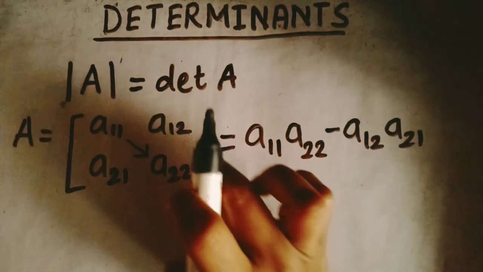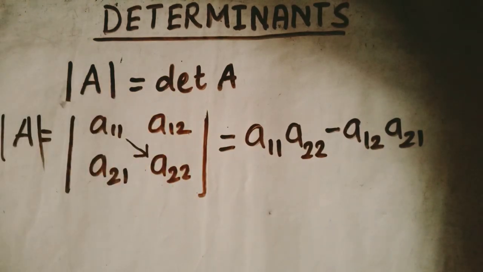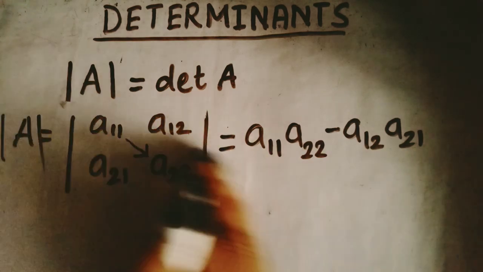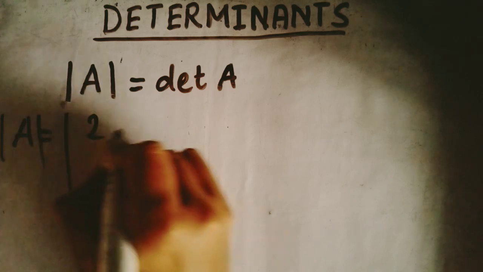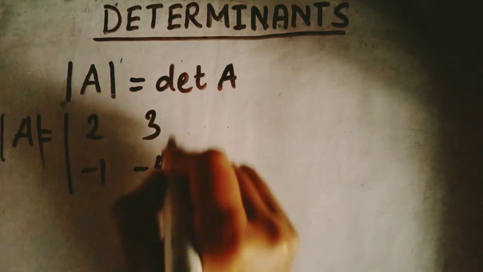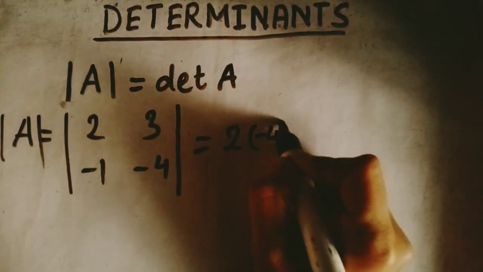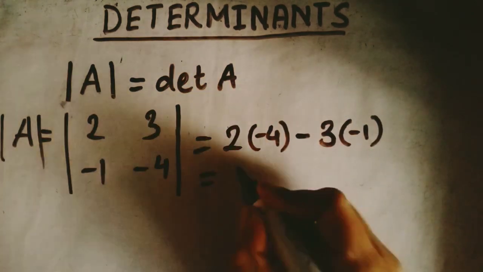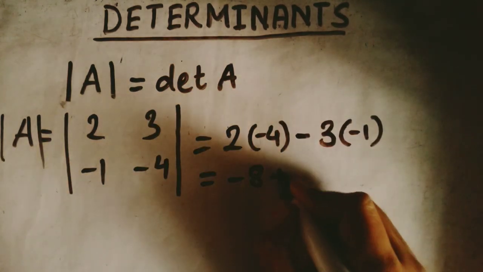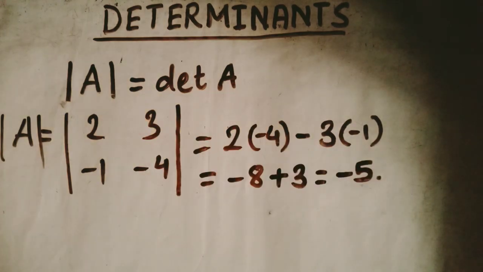When you find the determinant, you have to write it like this. Now if I take one example, 2, 3, minus 1, minus 4, then 2 into minus 4 minus 3 into minus 1. So this is minus 8 plus 3. So the answer is minus 5. So this is the determinant.